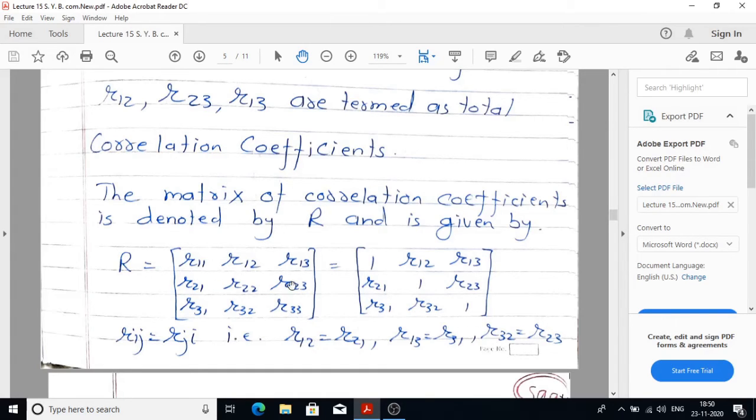So the matrix R can be written as 1, R12, R13, R21, 1, R23, R31, R32 and 1. Now rij is the correlation coefficient between i and j, which is similar to correlation coefficient between j and i. So R12 can be written as R21, R13 is same as R31 and R32 is same as R23.